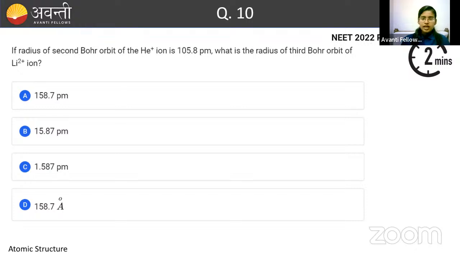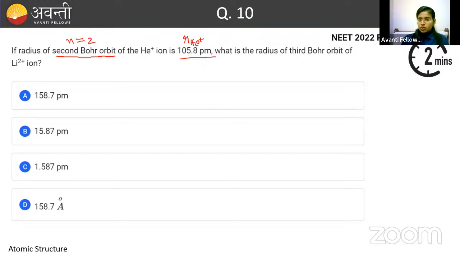The radius of the second Bohr orbit of helium plus is given. The orbit number is nothing but n. So the n value is 2 for helium plus.